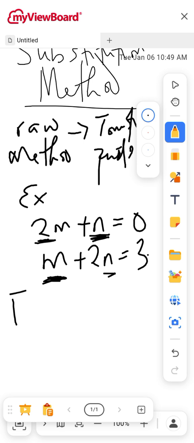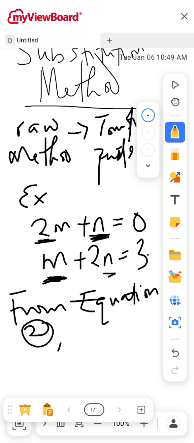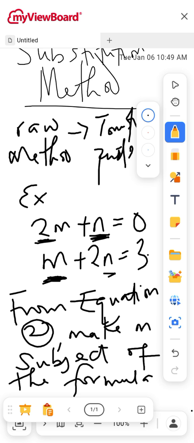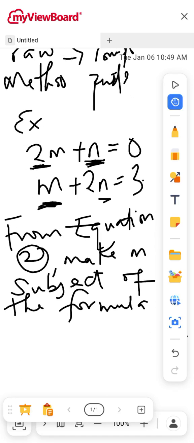I can say from equation 2, make m the subject of the formula. Are we together? So what would that be?